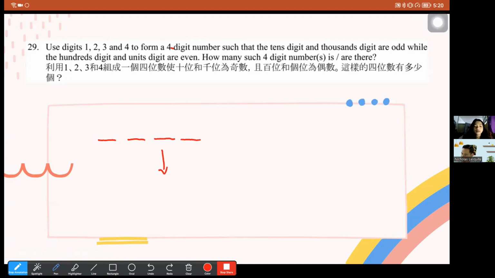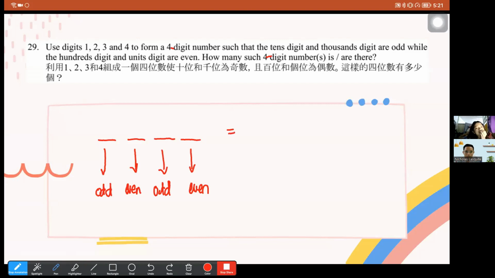So this one and this one are odd, and this one is even, and this one is also even. How many such 4-digit numbers are there?